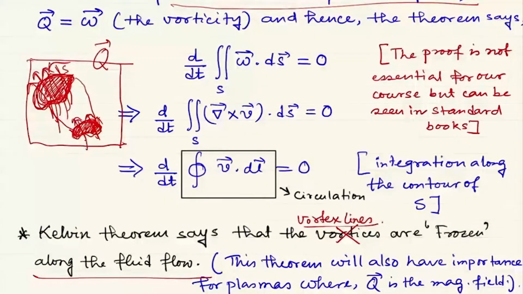So in a sense this is also called a frozen-in theorem. This has very deep importance in various things in astrophysics. So maybe when we discuss different types of instabilities or some other astrophysical examples, we will come into that. Okay, thank you.